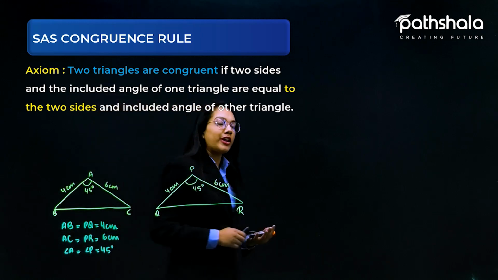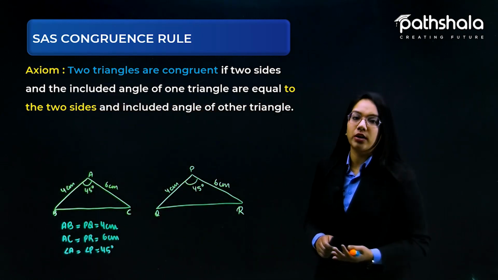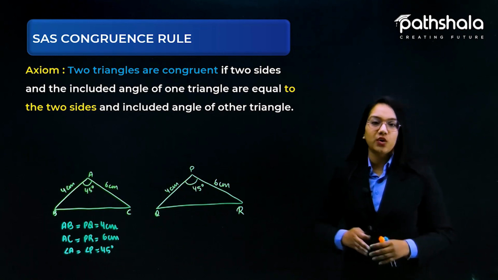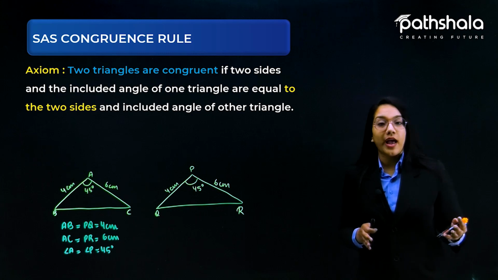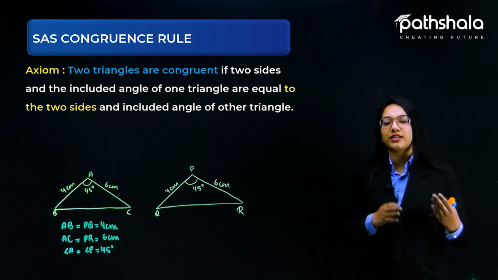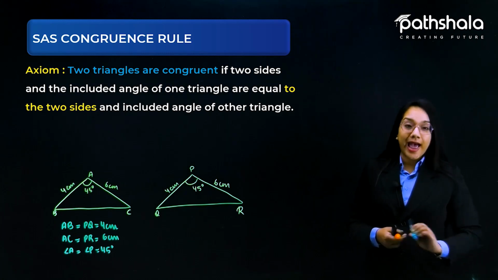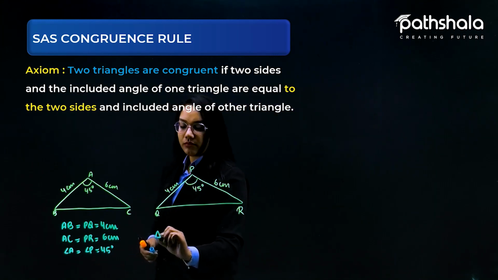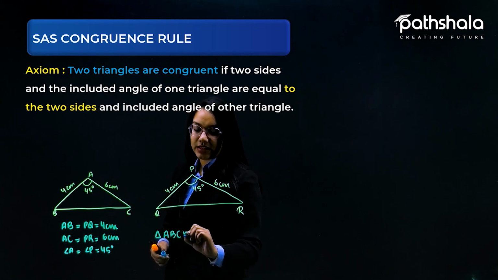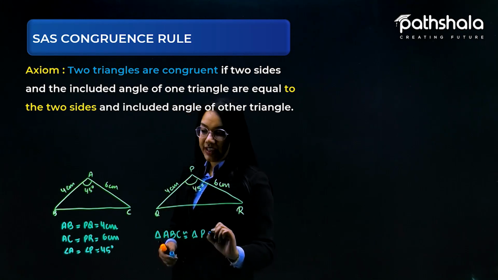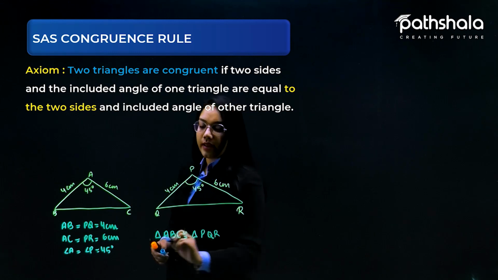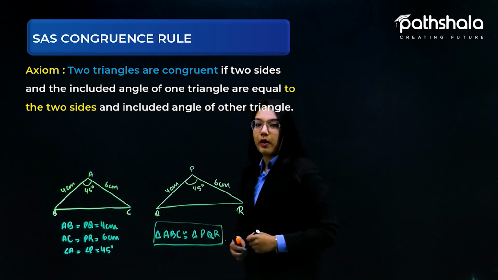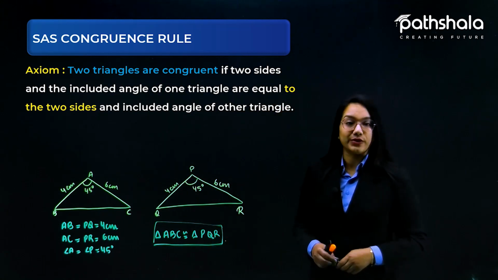Using this axiom, I can say that triangle ABC is congruent to triangle PQR. So this is all about the SAS congruence rule.